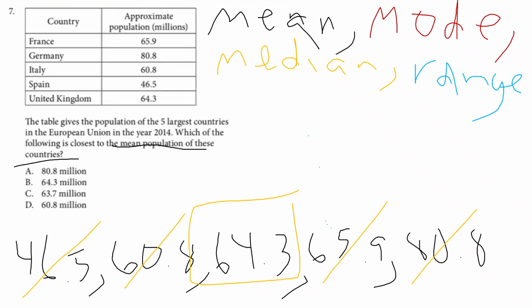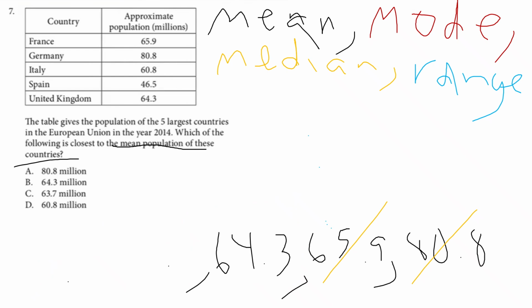And if the next number is like 200, it would really throw off the mean or the average. So when you have numbers that are like outliers, that's where you want to use the median. So our median is 64.3. Now let's get to the question that we're being asked as far as what to solve for this.